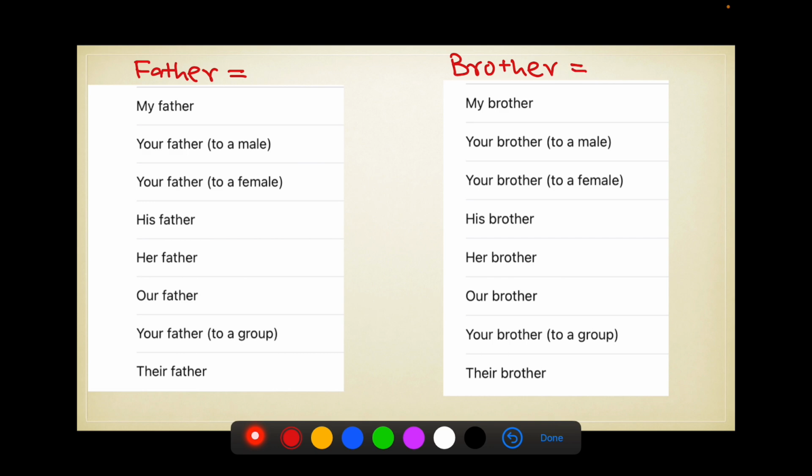Father in Arabic is ab, and brother in Arabic is akh. You might think that if I have to write or say my father, I will write ab and add e. So it will be abe, but it's not correct.